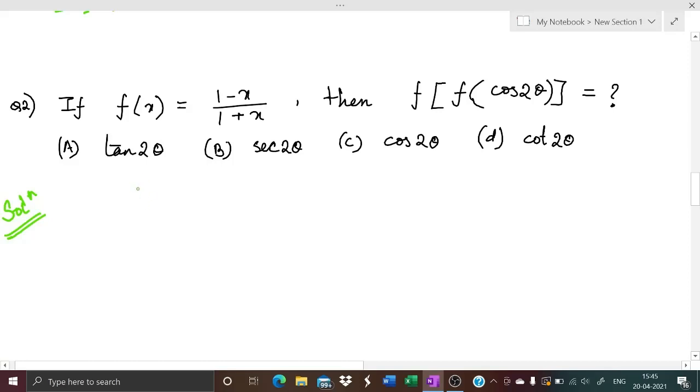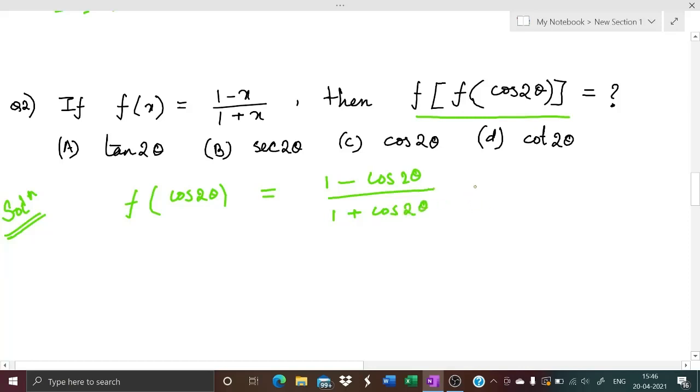So it is given f of x equals to 1 minus x by 1 plus x. Then you have to find f of cos 2 theta. First I will find f of cos 2 theta, which will be equal to 1 minus cos 2 theta by 1 plus cos 2 theta.